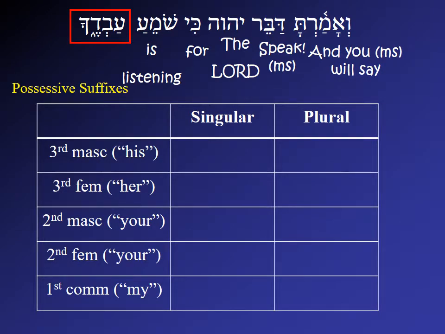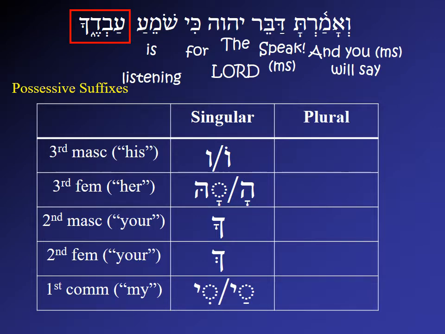Alright, now we have our word avdecha. So in order to understand avdecha, we need to review our possessive suffixes. We've seen these frequently of late. So third masculine singular, either vav or holem vav. Third feminine singular, a with the feminine period or the mappiq, or sometimes ha. Second masculine singular, kha. Second feminine singular, kh.